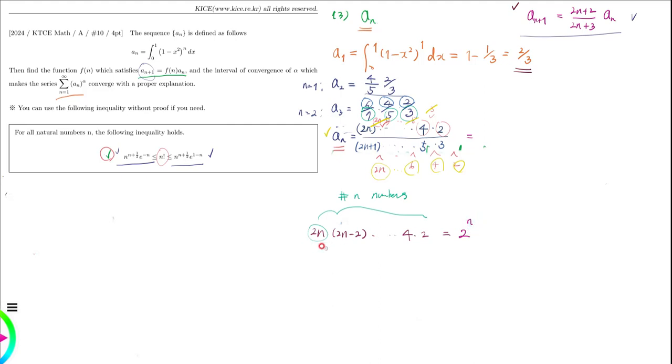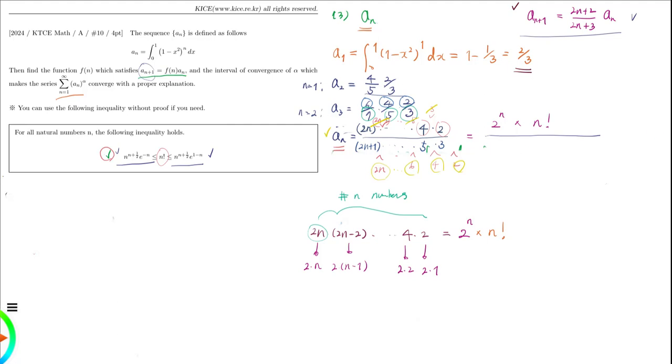We factor out 2 from each number: 2 times n minus 1, 2 times 2, 2 times 1, and what's left is n factorial. So the numerator part is 2 to the nth power times n factorial, without any massage here.